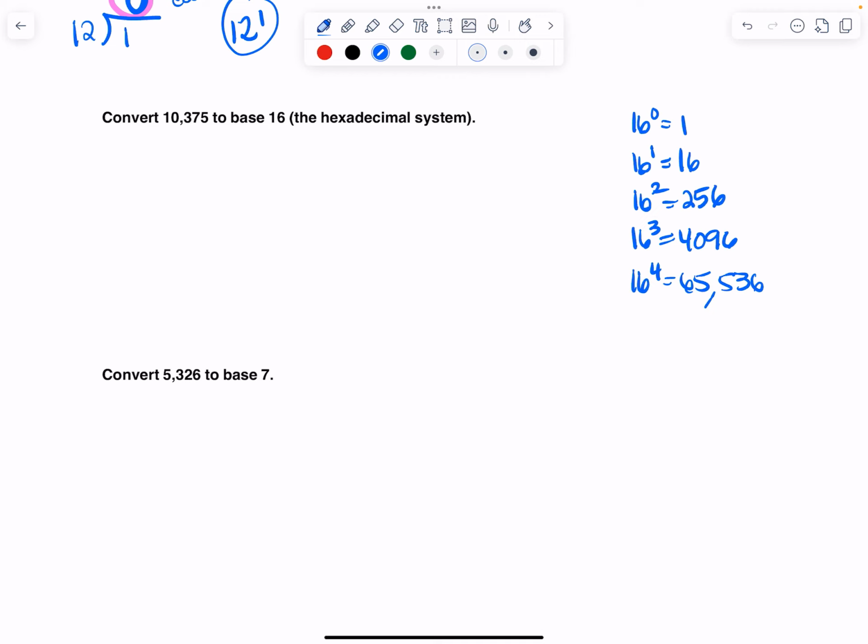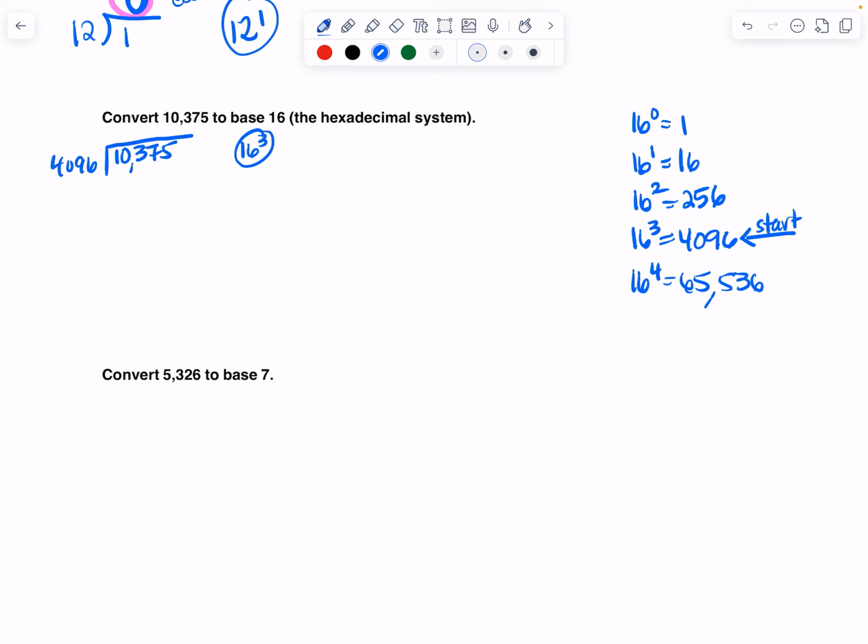Okay, so that's too big. So I'm going to start with 16 to the third. So I'm going to take 10,375 and divide it by 16 to the third, which is 4096.